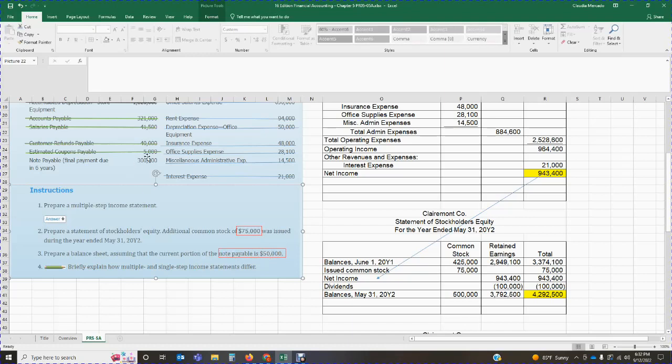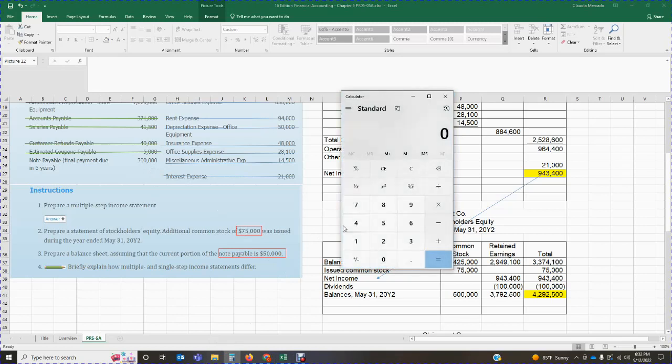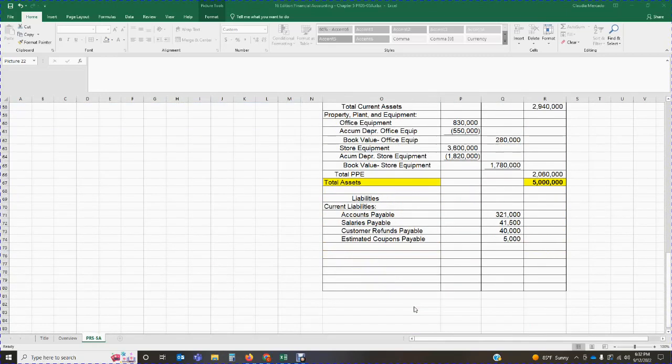So we need to break that $300,000 up into two. $50,000 is a current liability. The rest, which would be $300,000 minus the $50,000, that portion that is current, that means that $250,000 will be long-term liability and $50,000 will be current liability. So let's split that up. First, we're going to put in the current liability portion. So we're going to put note payable, and we're going to put here the current portion.